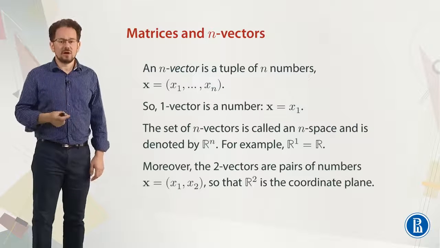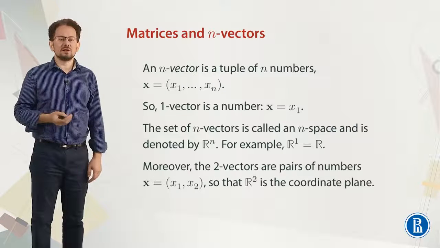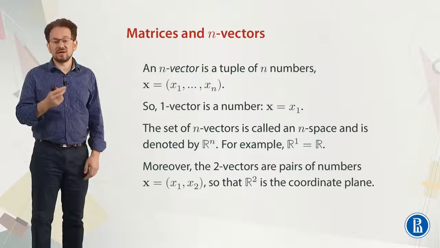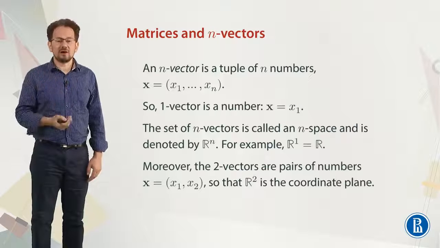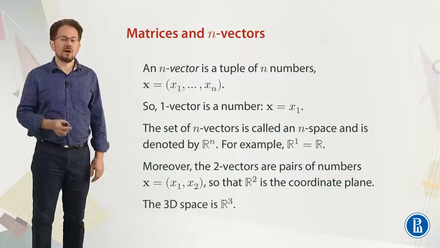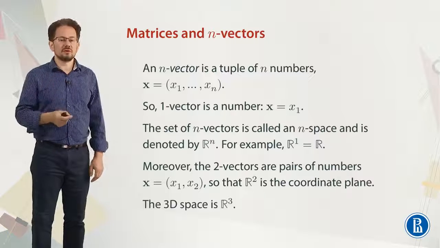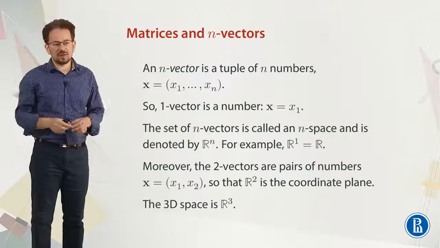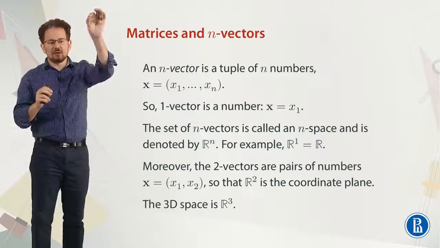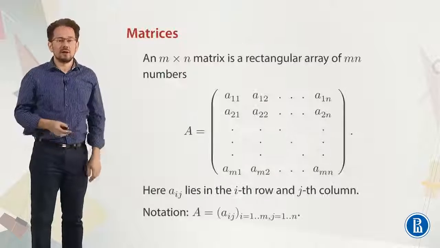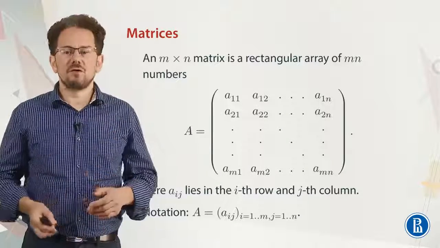The 2-vectors are pairs of numbers, so each 2-vector encodes one point in the coordinate plane. We can identify R^2 with the coordinate plane. The 3-vectors are just the usual vectors in three-dimensional space, so you can imagine them as arrows, as physical objects. Now, vectors for matrices.